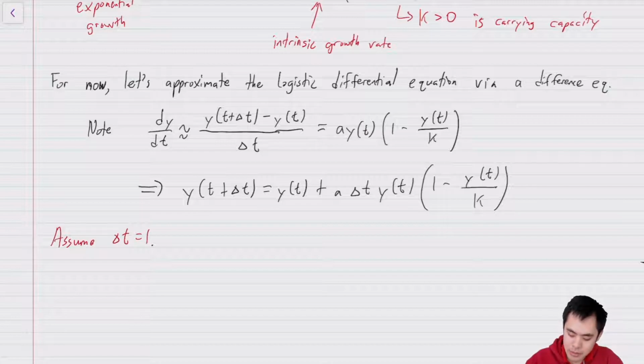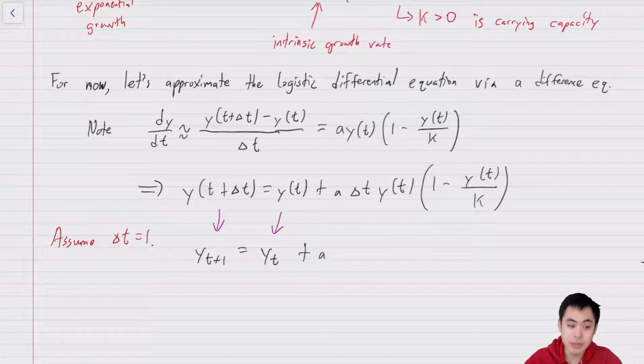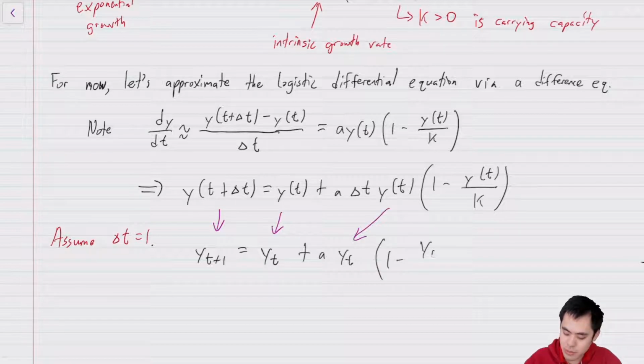Well, then what do you get? Then you get that y(t + 1) is equal to y(t) plus a, Δt is just equal to 1 so we don't need that, y_t again, and (1 − y_t/K).